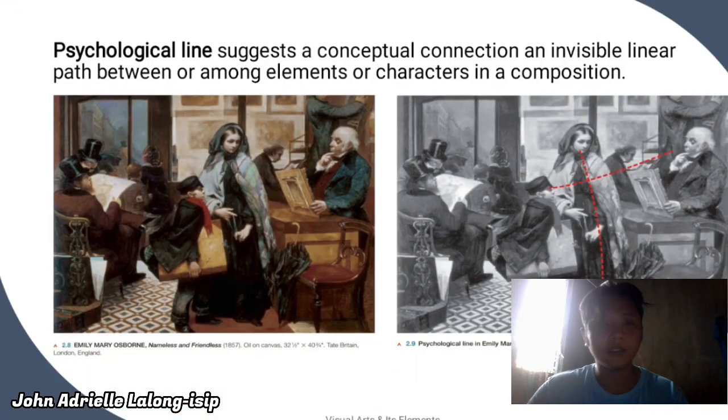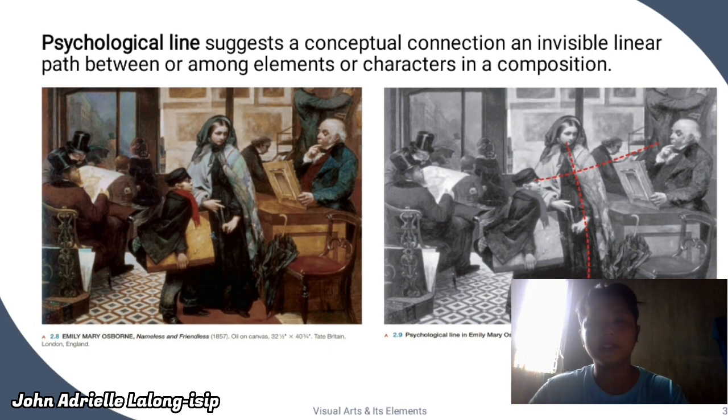Tapos, ang sunod po natin dyan is psychological line. It suggests a conceptual connection and an invisible linear path among elements or characters in a composition. Gaya nito, makikita natin sa figure, psychological line in Emily Mary Osborn's Nameless and Friendless.